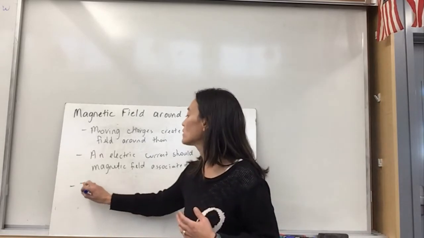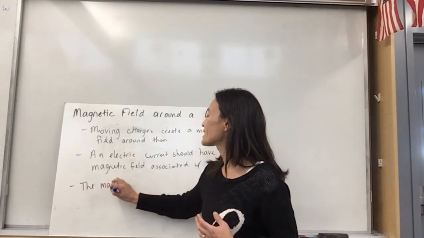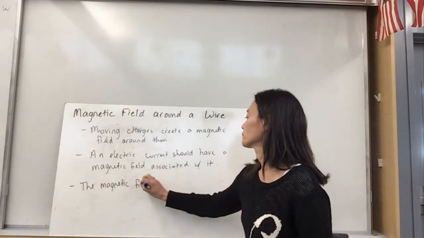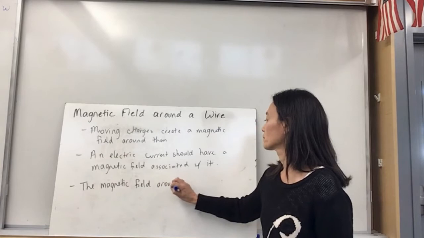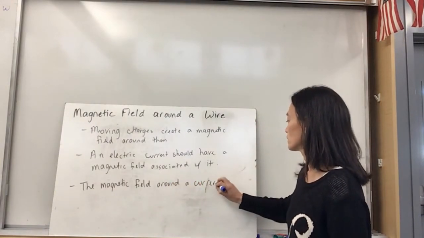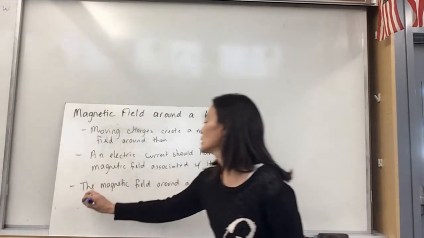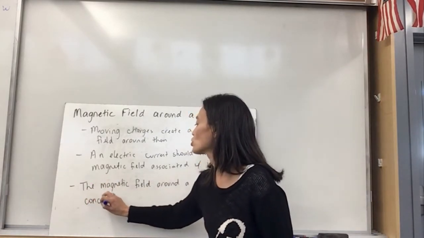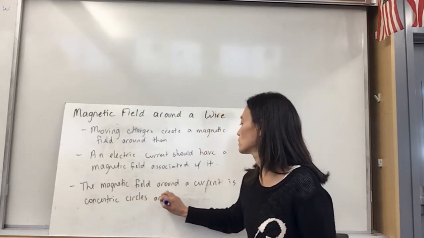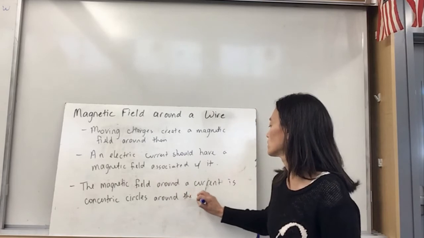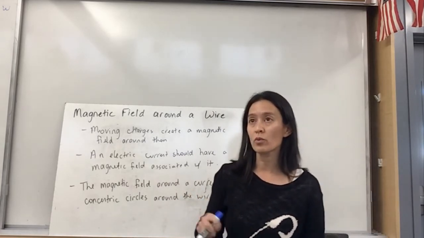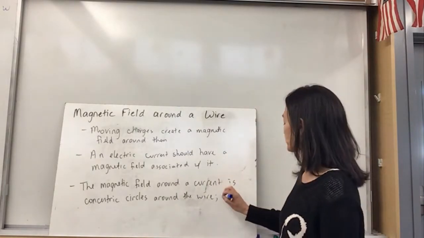The magnetic field around a current forms concentric circles around the wire, and it gets weaker the further away you are from the current.